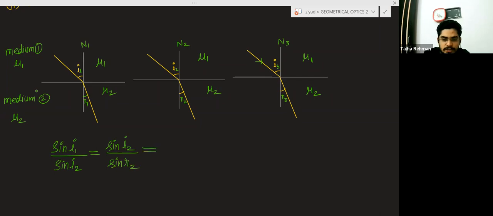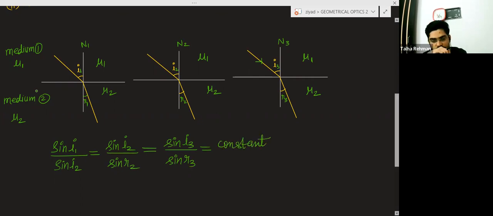This is also equal to sine of I3 divided by sine of R3, and this will always remain constant. This is the explanation given by Snell's law.